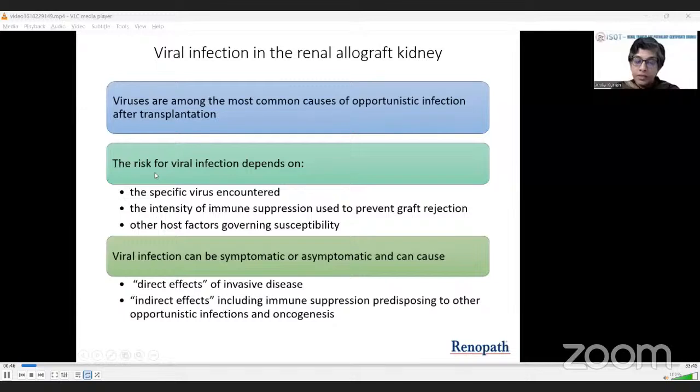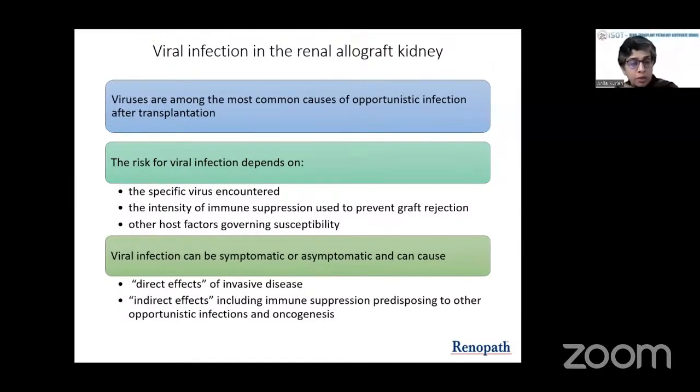And the risk for a viral infection depends on the type of virus encountered, the intensity of the immunosuppression the patient is having to prevent his graft from getting rejected, and a number of other host factors which can decide who is likely to get viral infections, starting from the age of the patient to the comorbid conditions, the presence of any injury, presence of previous rejection. The list is long. So multiple factors decide who could possibly get a viral infection following a transplant.